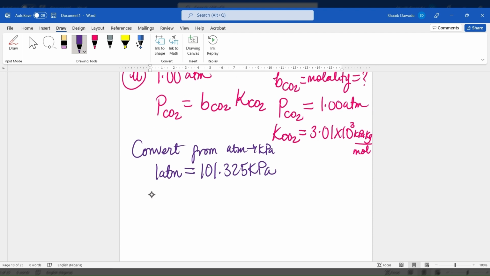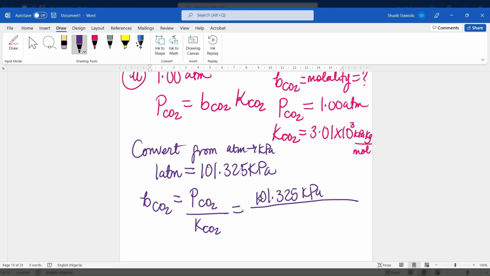So definitely B sub CO2, which is P sub CO2 divided by K sub CO2, is simply 101.325 kilopascal divided by 3.01 times 10 raised to the power of 3 kilopascal kilogram per mole.